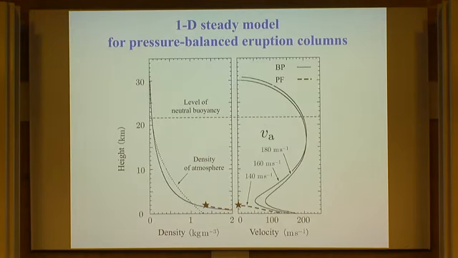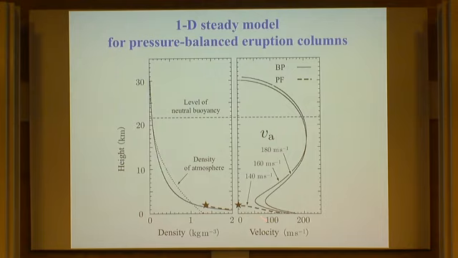This is a very well studied model, and the result is something like this. This is height, density and velocity. As I said, at the exit, density is several times greater than the atmospheric density. That means the eruption cloud has initial negative buoyancy, but at the same time, it has initial momentum upwards, and that is why the eruption cloud can rise in spite of negative buoyancy.